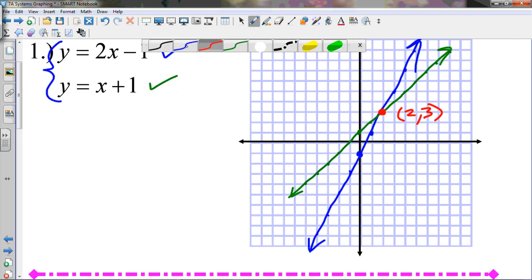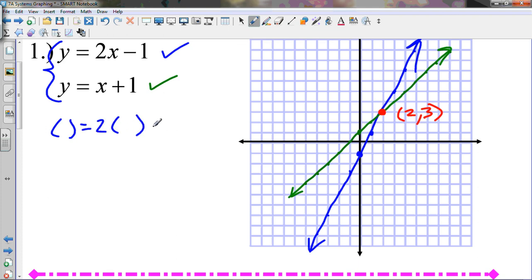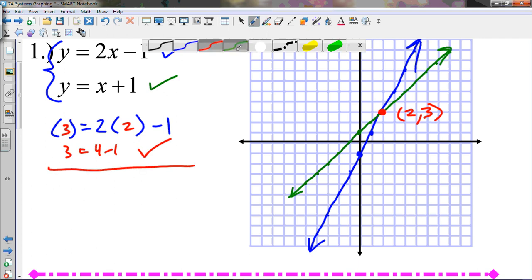For instance, if I do the blue equation, y is equal to 2x minus 1, I'm going to plug in the point, 2 for x and 3 for y. Does 3 equal 4 minus 1? Yes, it does. Let's go ahead and test it for the green. The great thing about systems is you can always test your answer.